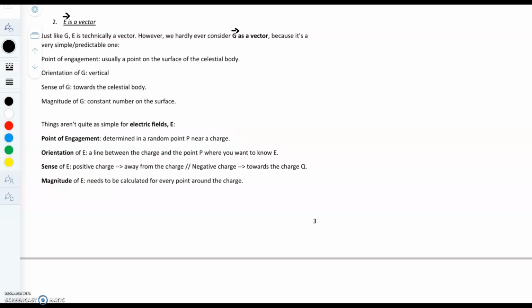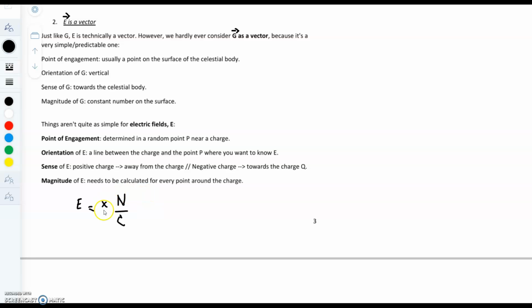Now, what is the unit of E in this case? If I want to know what the unit is of our field, it is always expressed in a certain number of newtons of force E will endure divided by the amount of charge that you bring into that certain field. So, in other words, it is expressed in newtons per coulomb of charge, which is incredibly similar to the unit of G when you think about it.